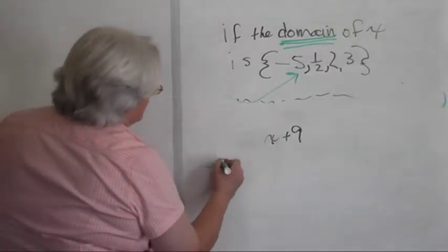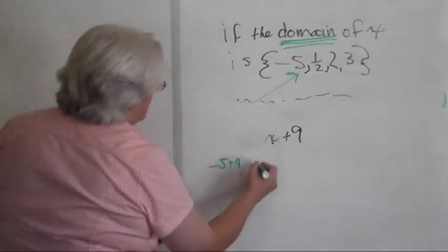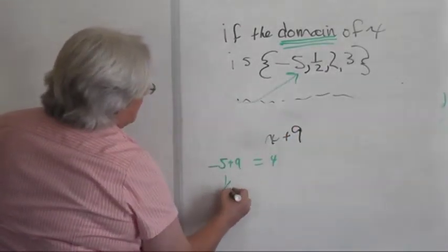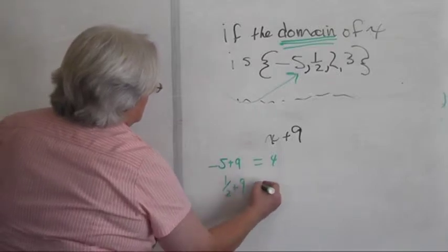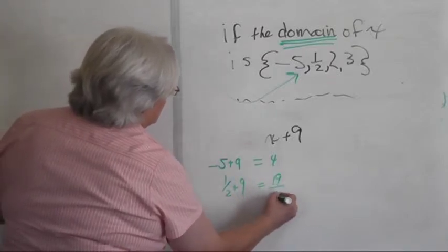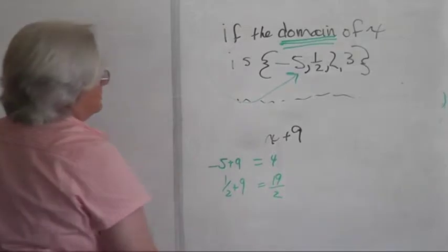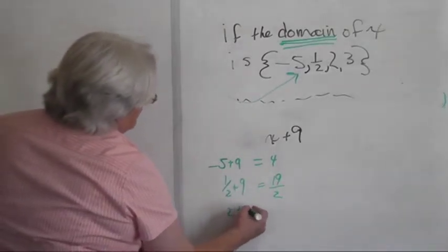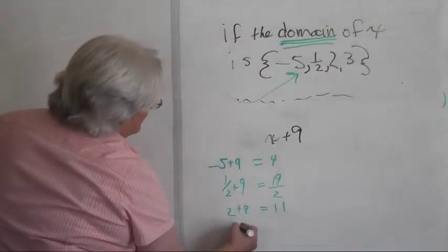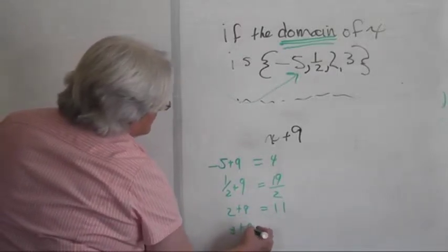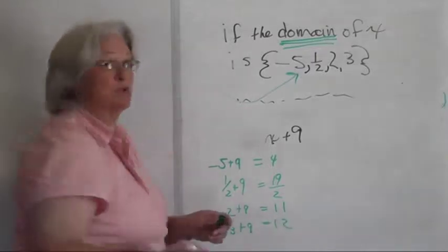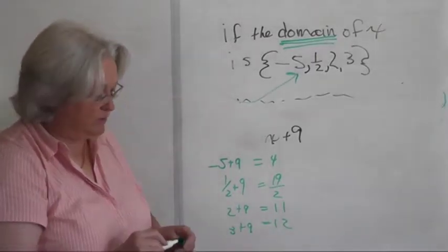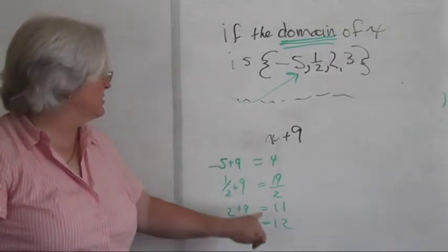First, what is -5 plus 9? -5 plus 9 is equal to 4. 1/2 plus 9, that's equal to 19/2. Is that true? Yes, it's equal to 19/2. 2 plus 9 is 11. 3 plus 9 is 12. And you see that those are the only possible solutions.